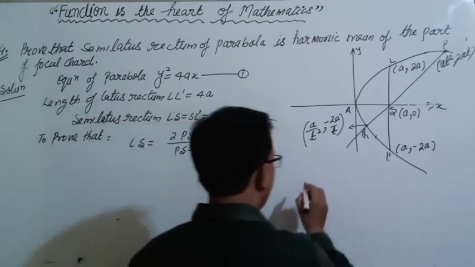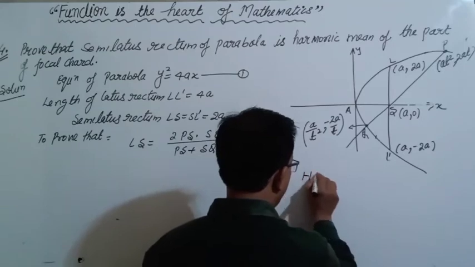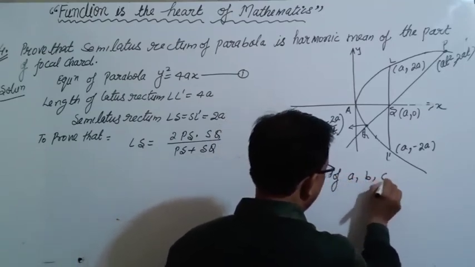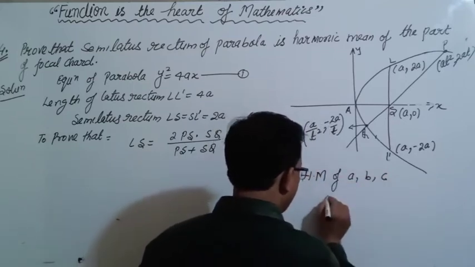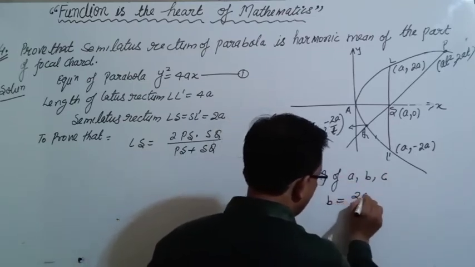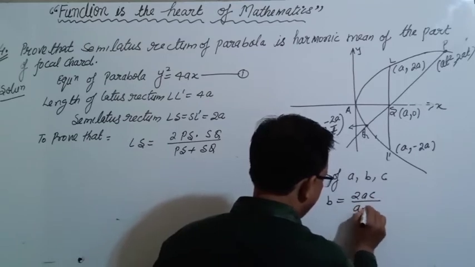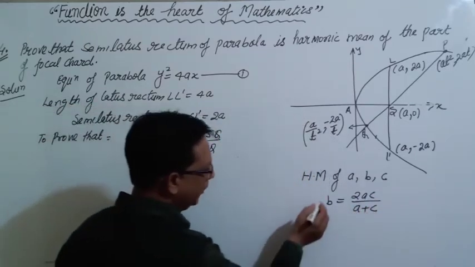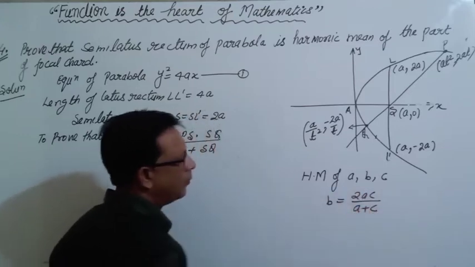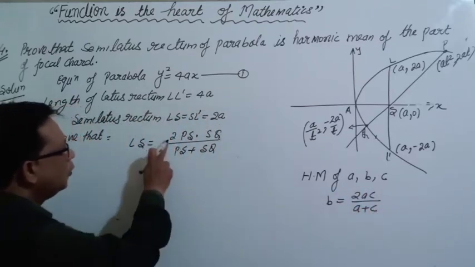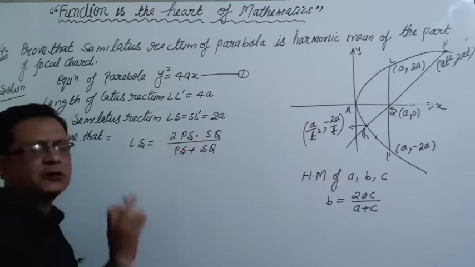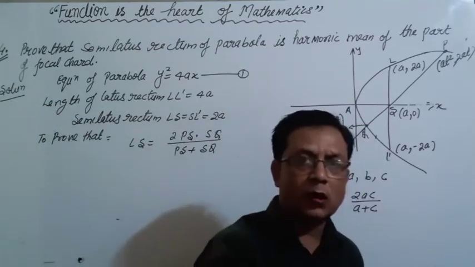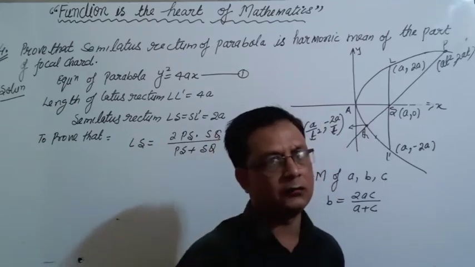The important point is the harmonic mean of A, B, C: take B as the harmonic mean, B is equal to 2AC upon A plus C. Harmonic mean is the reciprocal of the arithmetic mean.